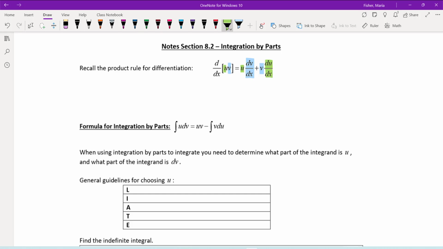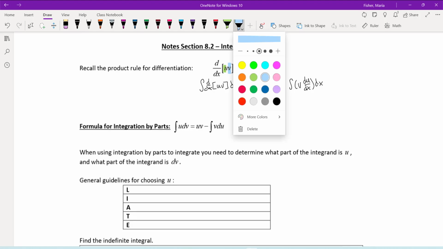Now if we integrate both sides of this with respect to x, so we integrate the d/dx of uv with respect to x, and then remember you can split up integration over addition and subtraction, so we're going to write this as the integral of u dv/dx with respect to x plus the integral of v du/dx with respect to x.